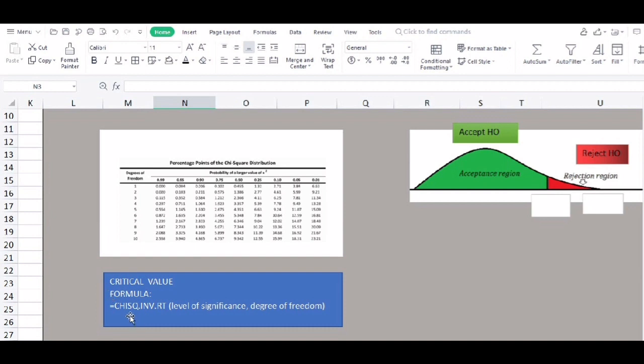So since we have degree of freedom as well as the level of significance, makukuha na natin critical value. And we have here the formula.